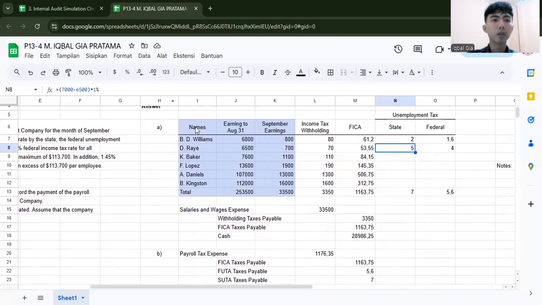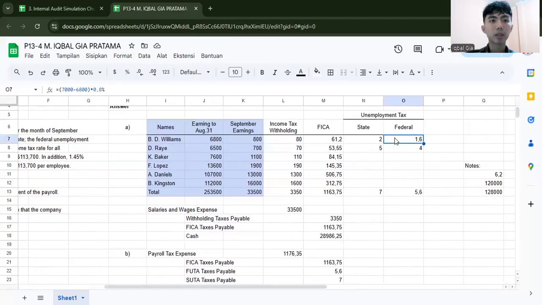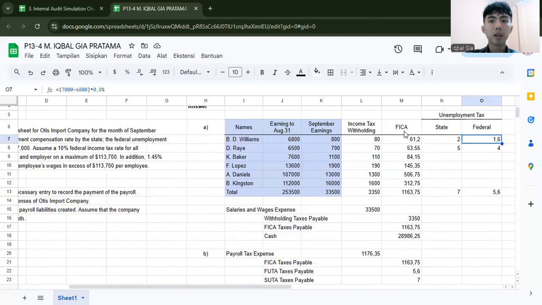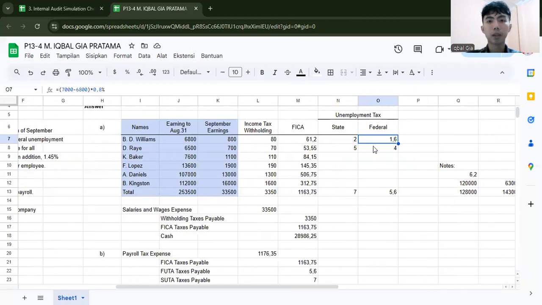We will calculate with the 1%, total it, and we got 7. For the federal it is also the same as the state, but the difference is the percentage, which is 0.8%. And we will also total it.